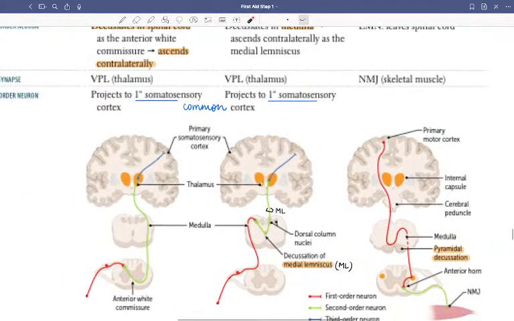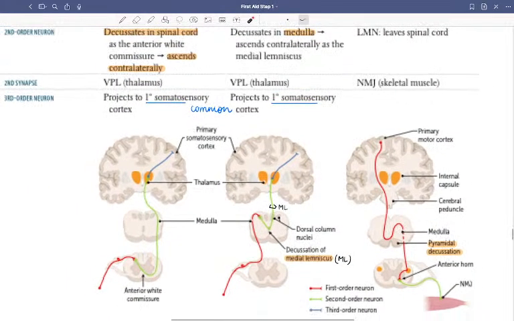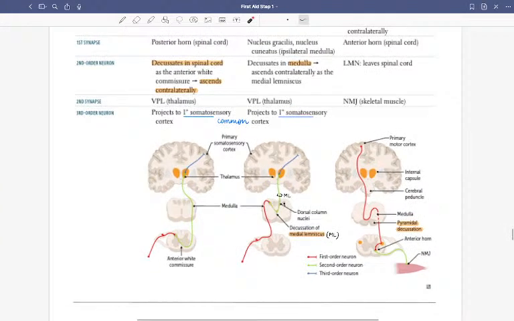The most important thing to realize is that in the spinothalamic tract and the dorsal column, the second synapse takes place at the thalamus, and the first order neuron comes from the dorsal root ganglion. The only difference is the decussation. The first decussation takes place at the anterior white commissure, that is the lateral spinothalamic tract, and the second takes place in the medulla, which is why it ascends as the medial lemniscus. The spinothalamic tract goes as the spinal lemniscus, I think.